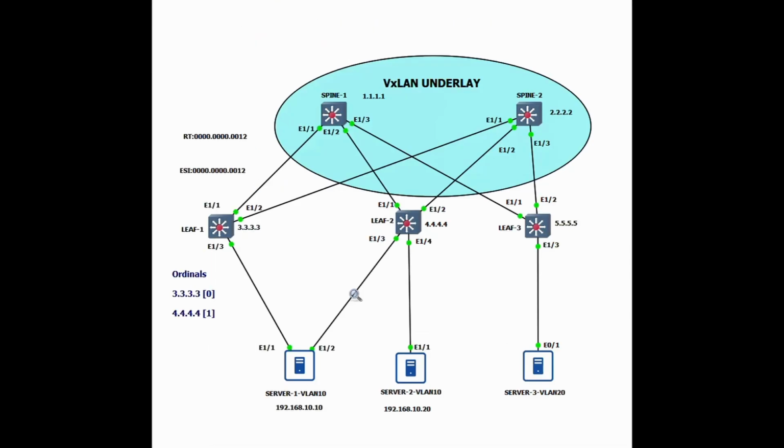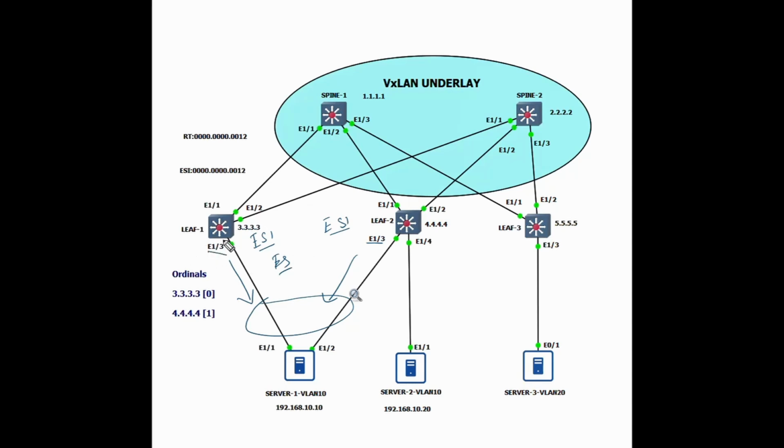And to visualize the concept of Ethernet segment, if we go back to our topology, the links downstream, which is ETH 1/3 on both leaf 1 and leaf 2, connected towards server 1 VLAN 10, will form an Ethernet segment, and we will configure or assign a shared Ethernet segment identifier on both of these links.